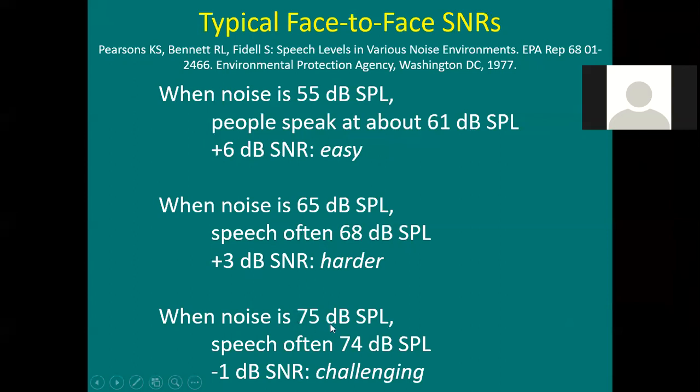When noise increases another 10 dB to 75 dB SPL, the speech is often at 74. That's a minus 1 SNR. That's challenging. So that's, I guess, what I need people to realize: the noise may increase, and the speech does too, but the noise is increasing usually faster than the speech. So in noisy situations, the signal-to-noise ratio becomes poorer and poorer.